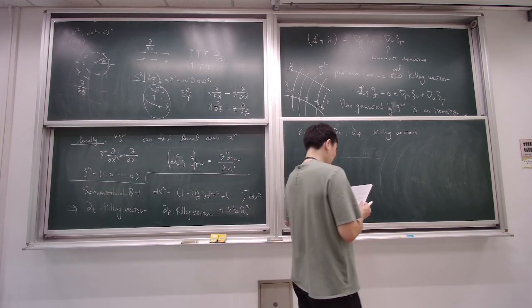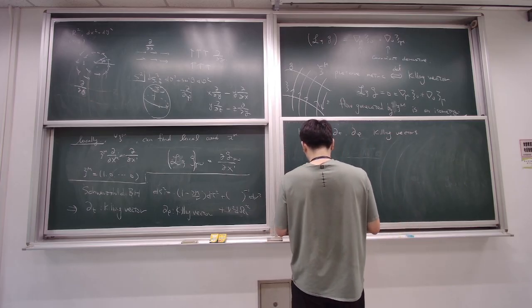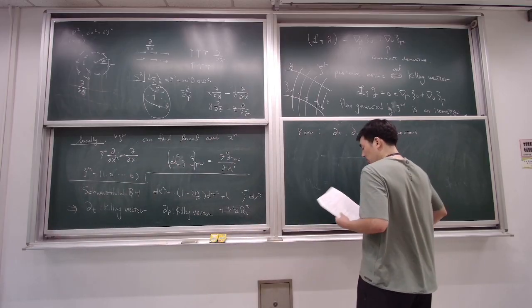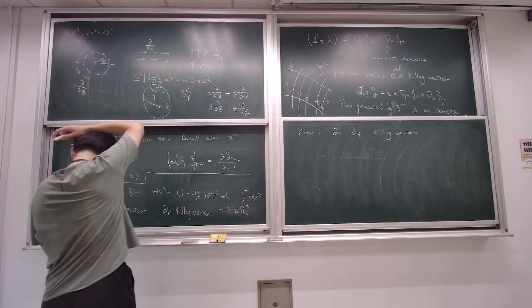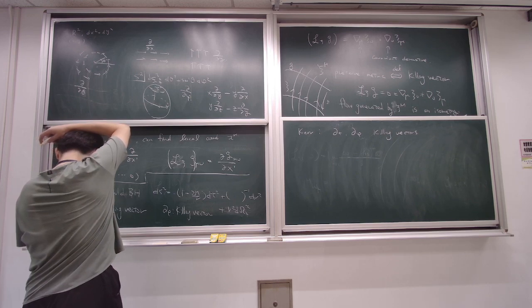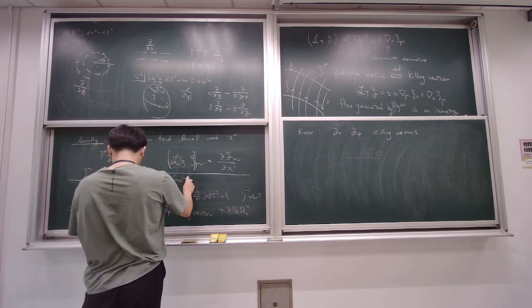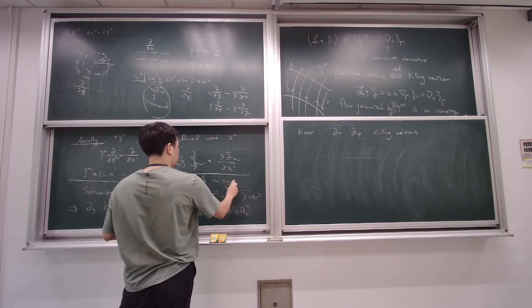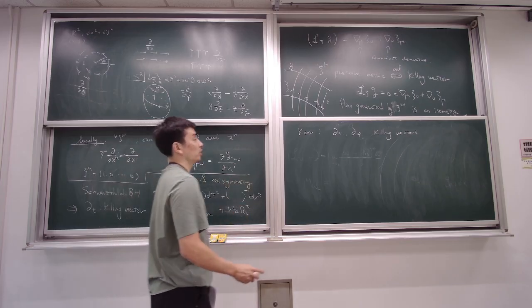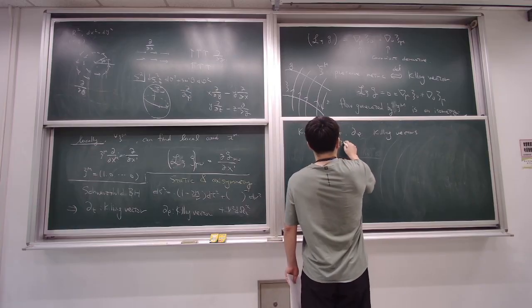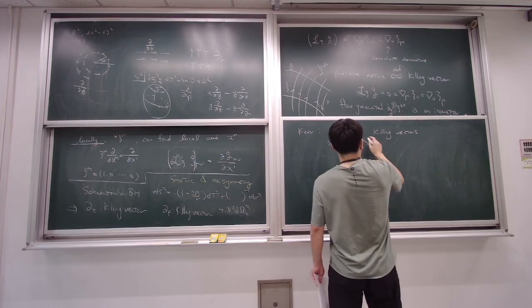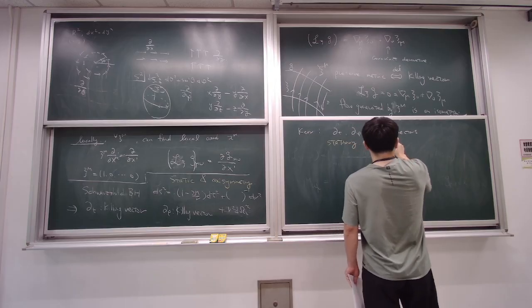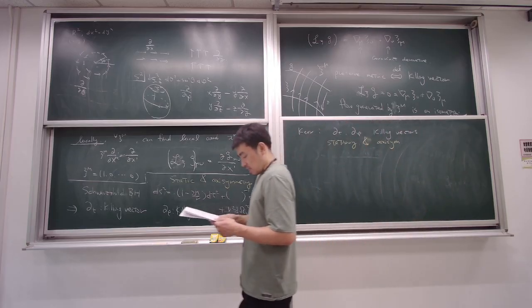The important thing is that Schwarzschild is static and spherically symmetric, but here Kerr is stationary and axisymmetric.